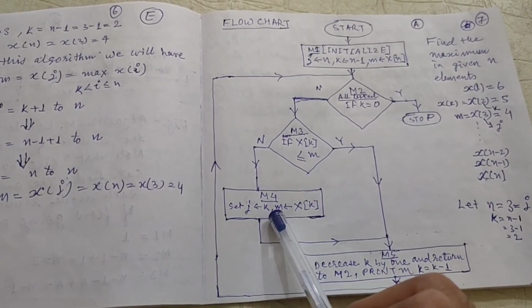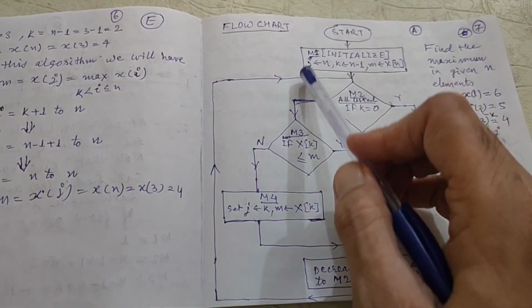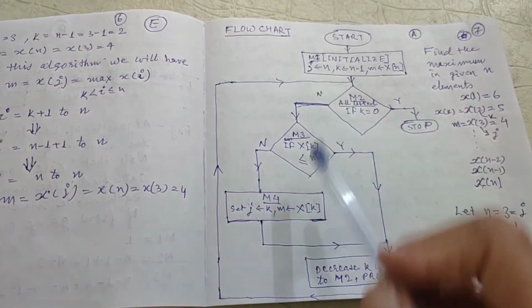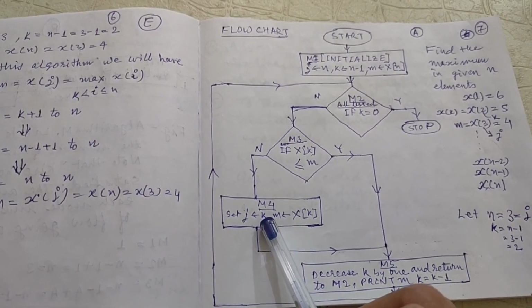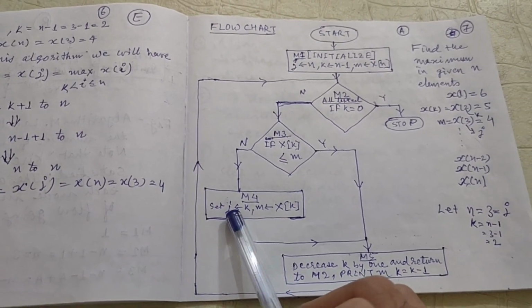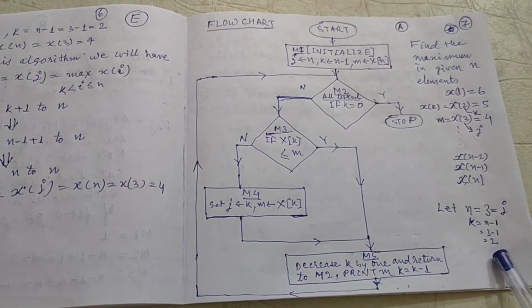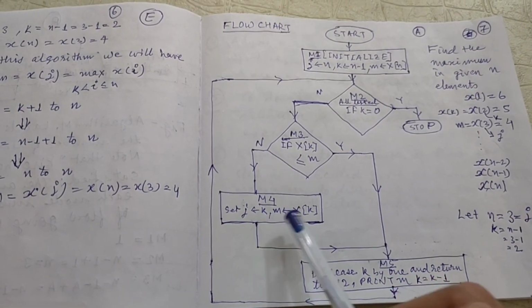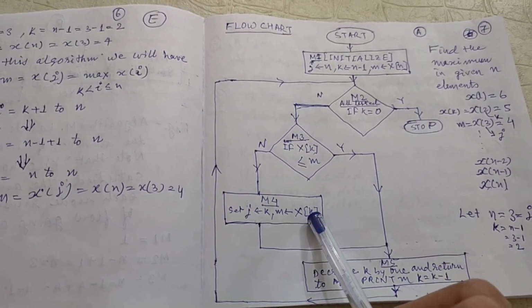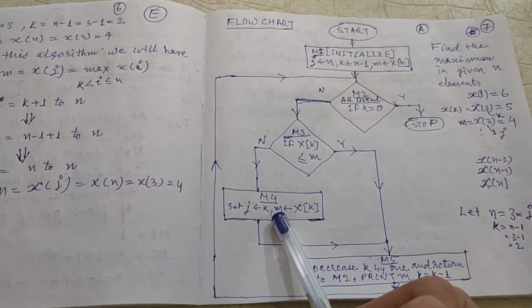Set j to k. Here I had used j as n, but now I am changing j to k. What is k? k is 2, so j will become 2. So x2 will become the new m.